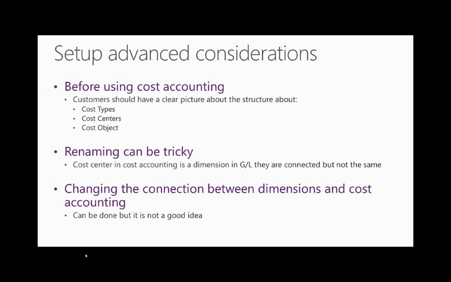Then you know that cost centers and the cost objects are linked to one of the dimensions in the general ledger, and you can change this linkage. If you do this, all of your existing postings will stay in the system, in the cost entries.